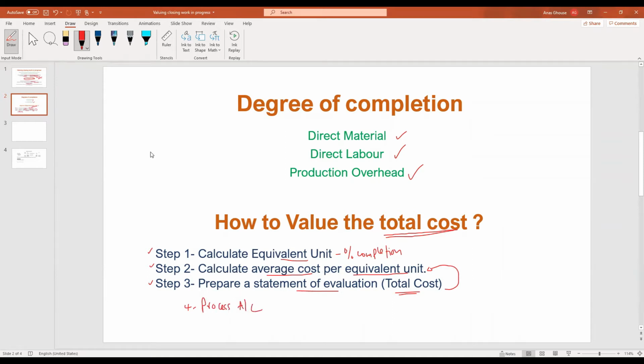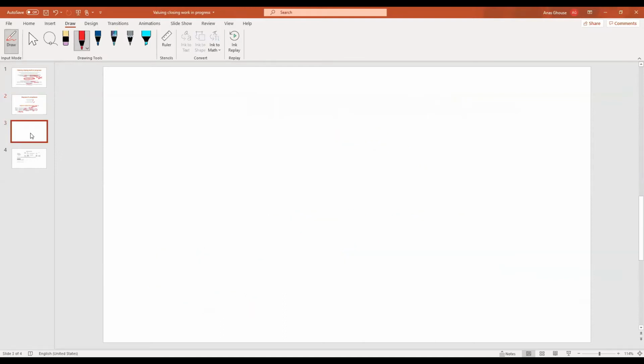Let's say, for example, there are 500 units in the process.